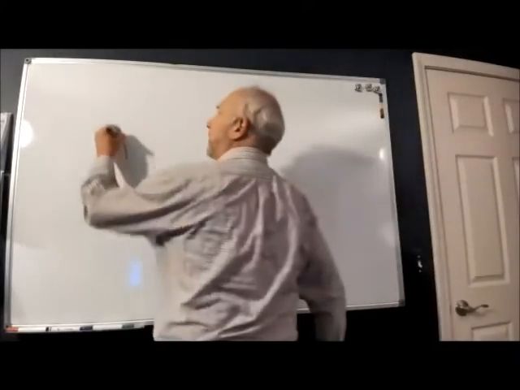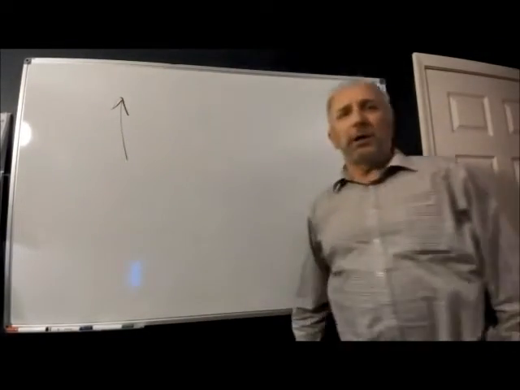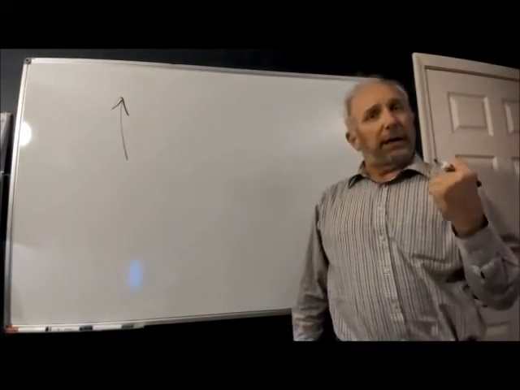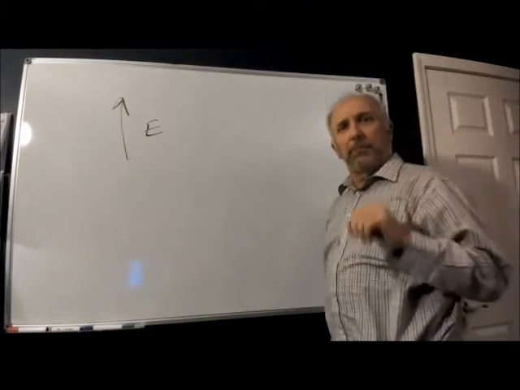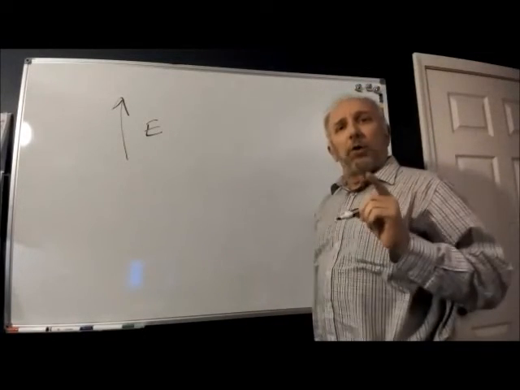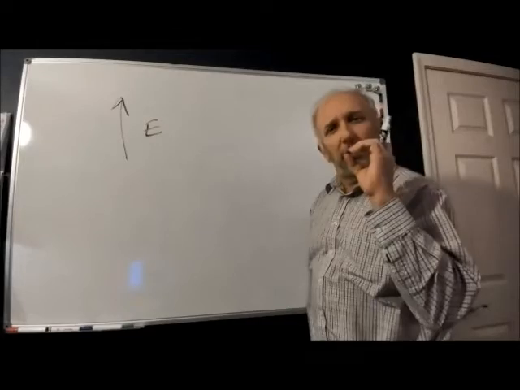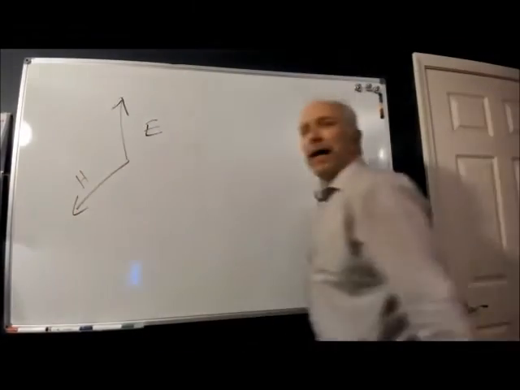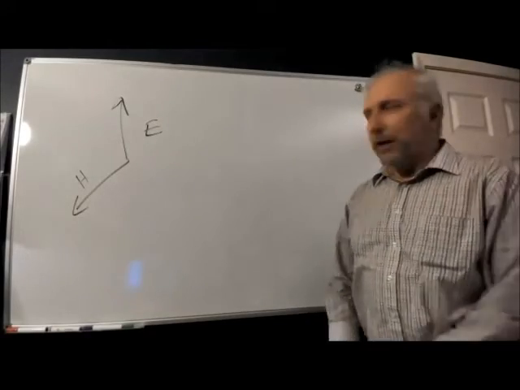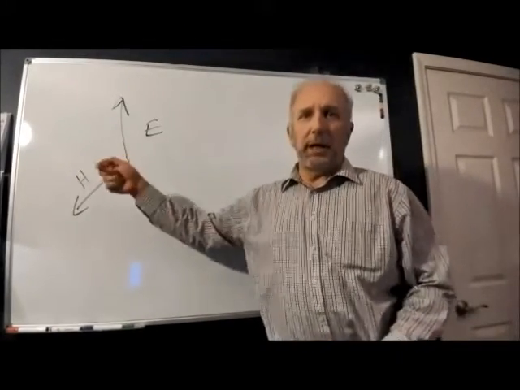The first thing is that whenever we have a changing electric field, I draw this electric field just as a vector, pointing up, in a vertical orientation, we will have a changing magnetic field vector. I don't know how to draw in 3 dimensions just yet, however, imagine this coming out from the board.